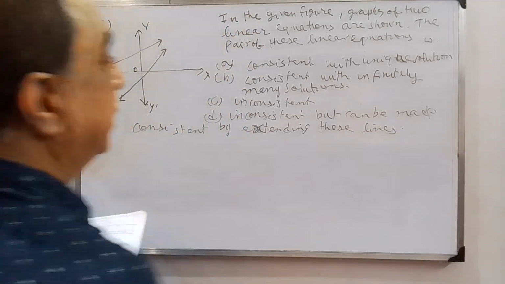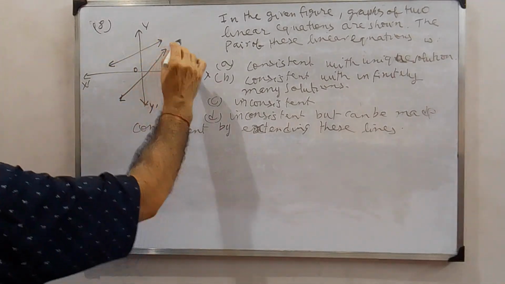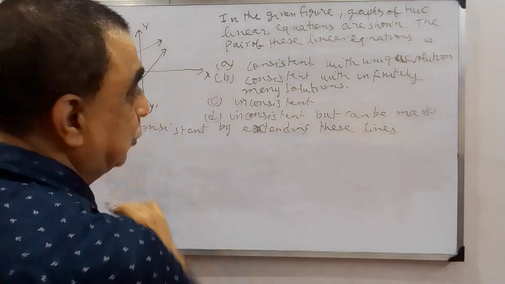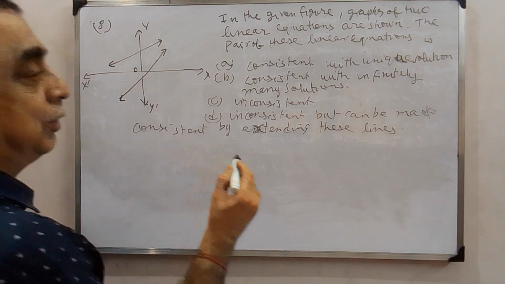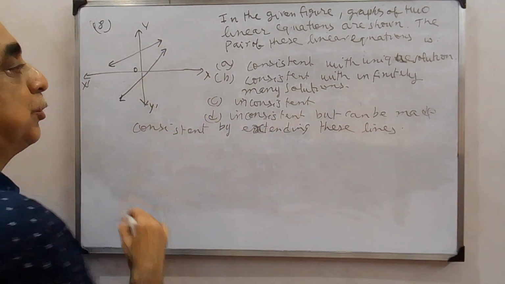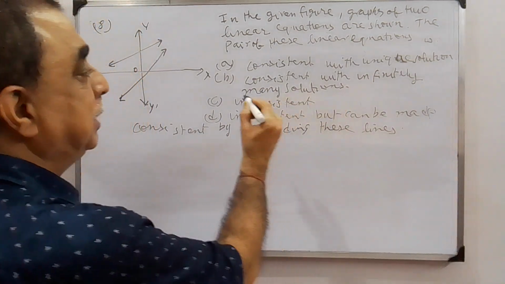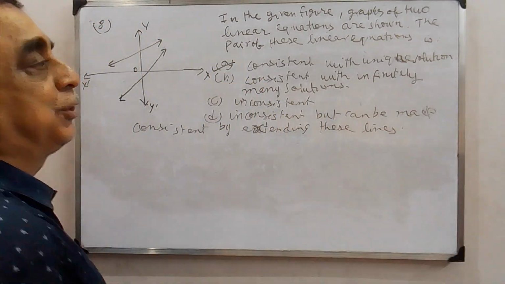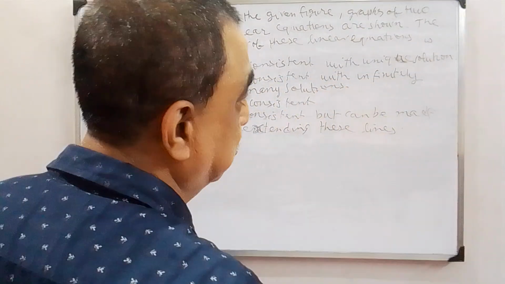Now see here, these two lines will meet. These are the graphs of the linear equations of the two lines, so these lines will meet at some point. So what will be the correct option? Here the correct answer will be consistent with the unique solution, because they will be meeting at some point.